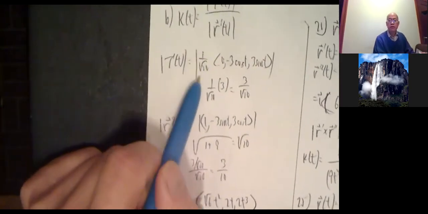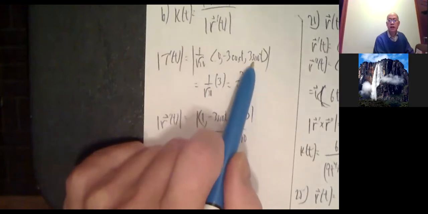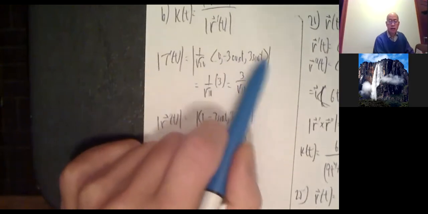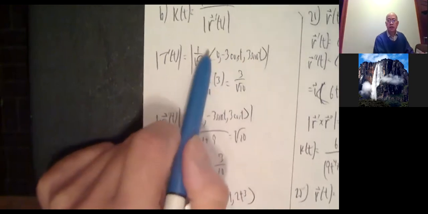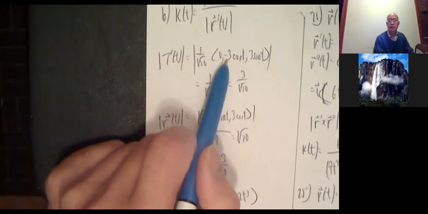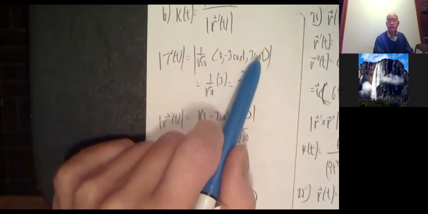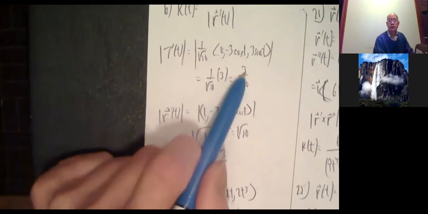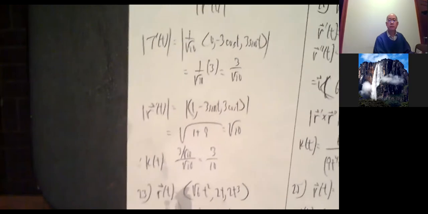So magnitude of 1 over radical 10 times 0, negative 3 cosine t, 3 sine t. We've seen this several times already. That's 3, right? That's square root of 0 plus 9 cosine squared plus 9 sine squared, square root of 9, 3. So 3 over radical 10. That's magnitude of T prime.